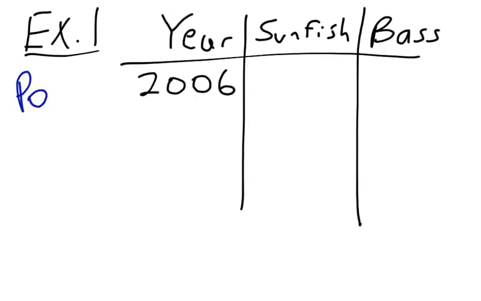We just observed the data over several years, and we recorded it. So in 2006, let's say there were about 225 sunfish and 12 bass.